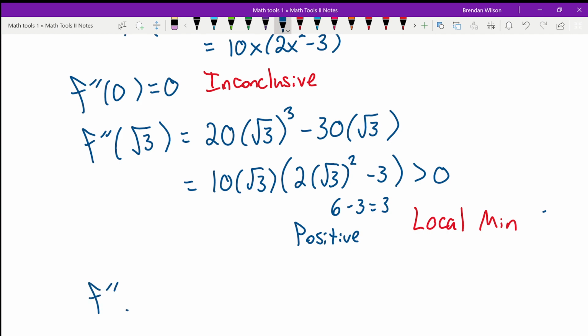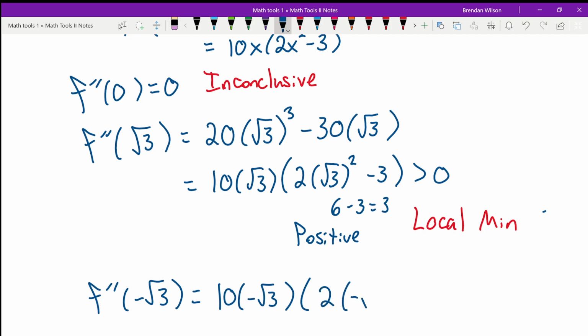So then we'll do the same thing with the negative square root of 3, our last critical point here. So we'll just go ahead and plug it into that second part. Okay. So we already know this inside part is positive because the negative square root of 3 squared is also just going to be 3. And we just found that that's positive, right? So this part's positive, and this part is actually going to be negative. So overall, this is going to be negative, right?